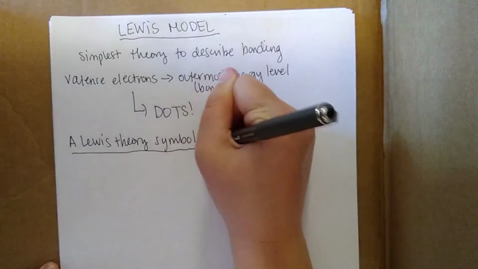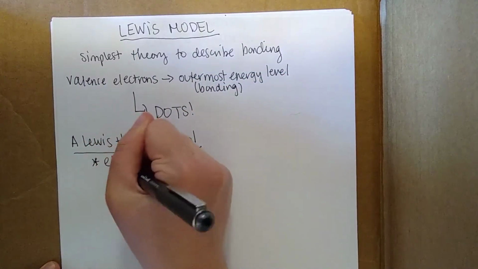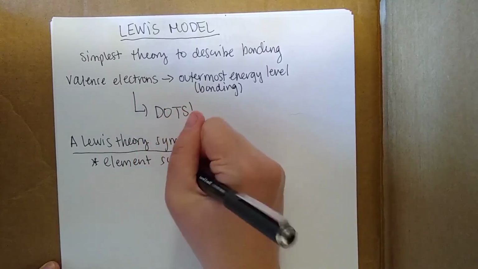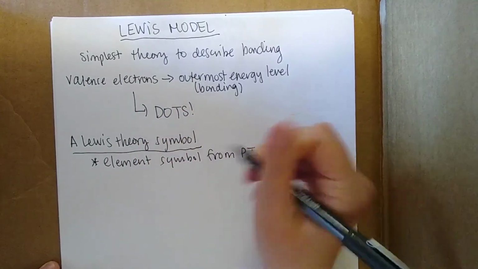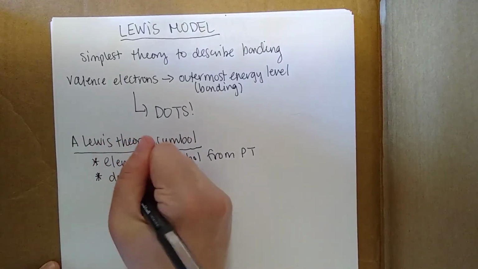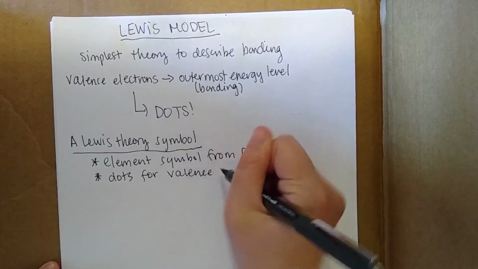So it's the element symbol from the periodic table, and dots for the valence electrons.